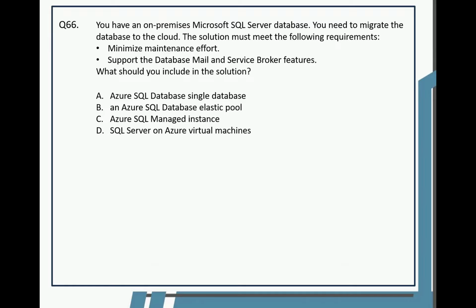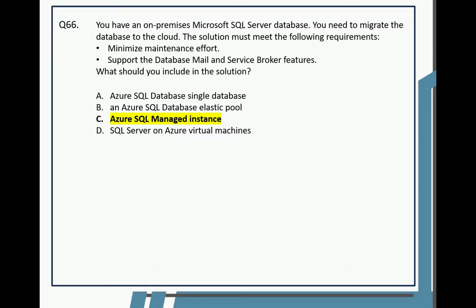Friends, Azure SQL Managed Instance would be the right fit here. SQL Server on Azure Virtual Machine would also provide the required functionality of database mail and service broker. However, this is an infrastructure as a service offering, meaning you will need to manage the OS and SQL Server, introducing higher maintenance as compared to Azure SQL Managed Instance.